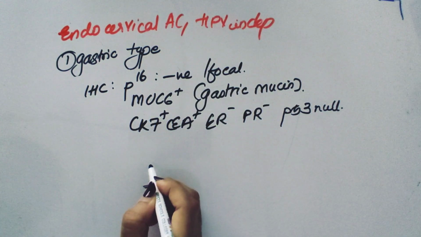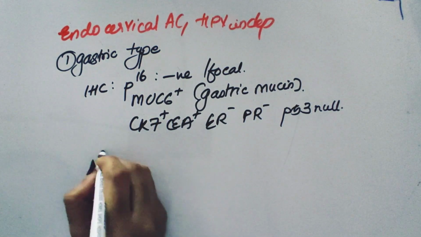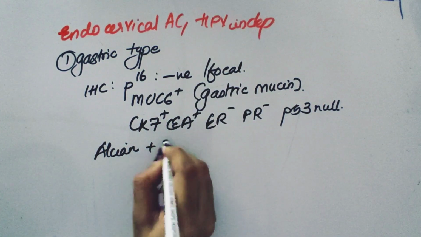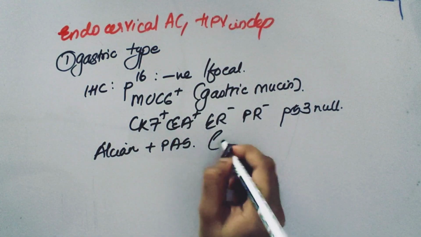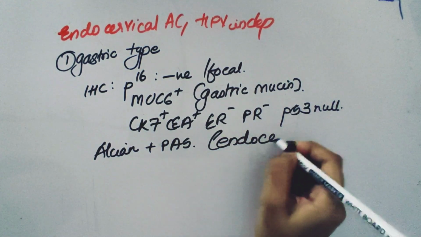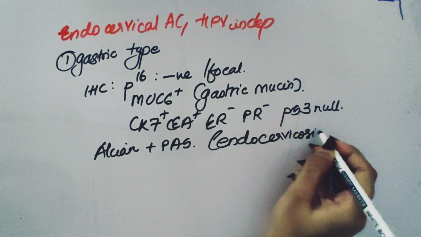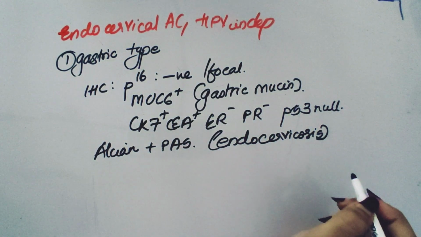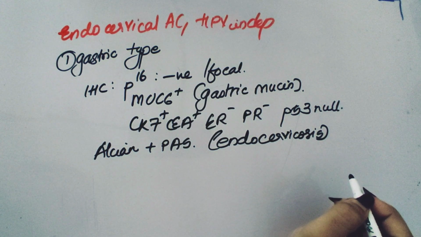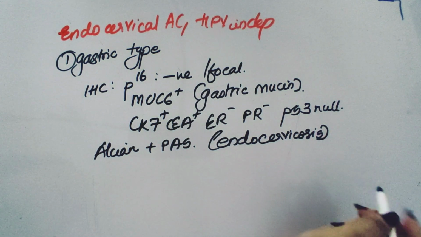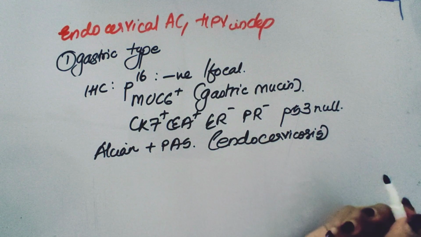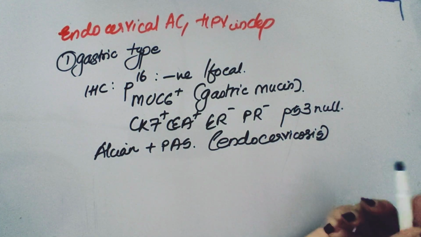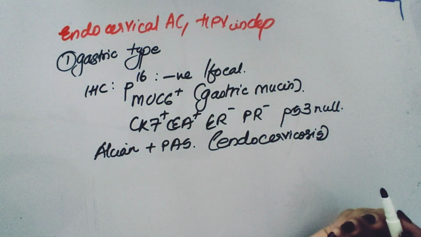And then you can also do Alcian blue stain with PAS. You know why I am doing it? It is because there is a differential diagnosis of endocervicosis. Okay, endocervicosis is something like endocervical glands going near the urinary bladder. So in that case, how can you differentiate it from the MDA or gastric type of endocervical adenocarcinoma?